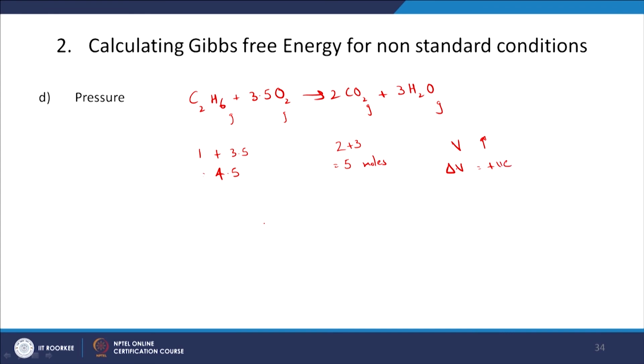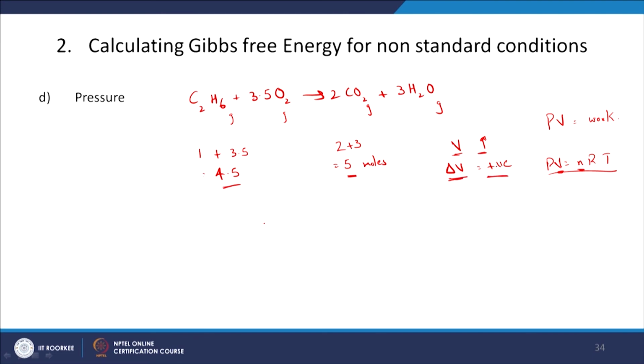In general, any increase in volume means PV, which means work, right. So work needs to be done, and from PV equal to nRT we know that 1 mole of any particular compound will occupy the same volume. Keep that in mind: as the moles are increasing, from PV equal to nRT, the volume is also going to increase, so delta V is going to be positive.